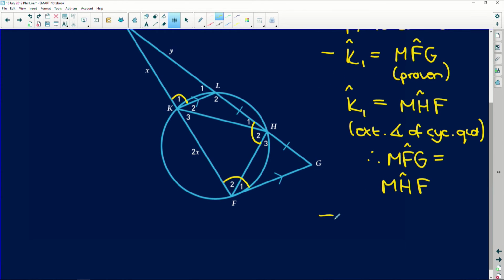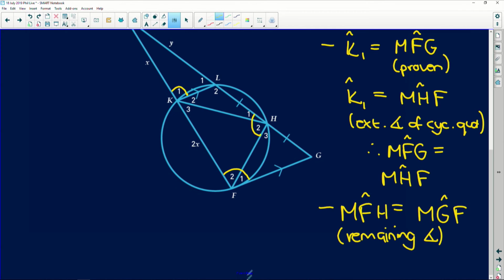So lastly, we can just say that angle, it would be MFG, which is this last angle. Okay, not MFG. We've already used MFG. It would be that this last angle here, MFH, is equal to this last angle here, MGF, because of remaining angle.